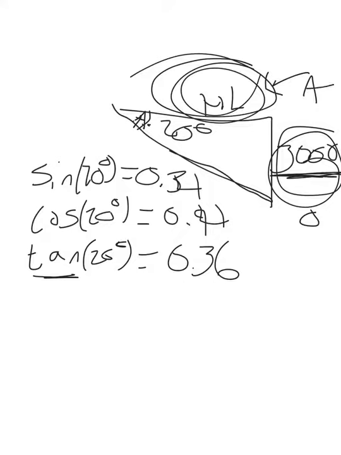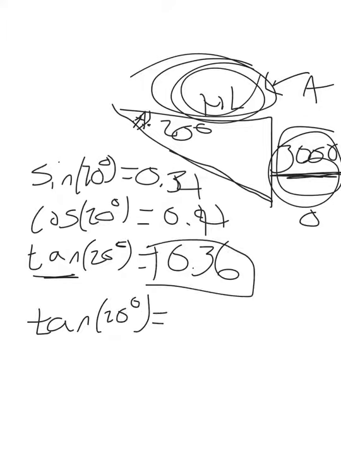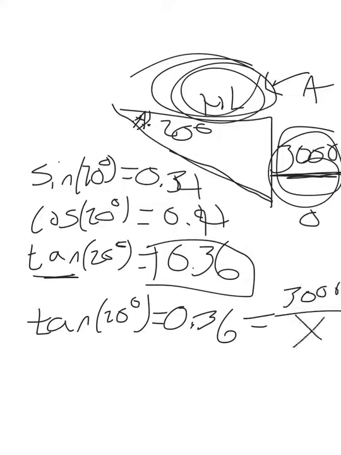So I know that the tangent of 20 degrees equals 0.36, but it's also equal to opposite over adjacent because of SOHCAHTOA, so that's equal to 3,000 over x, which is our horizontal length up here.